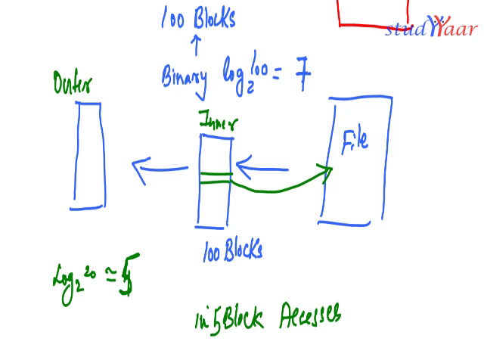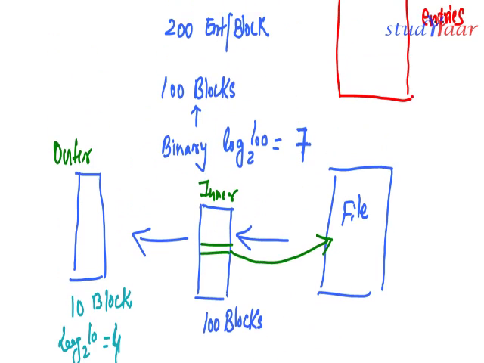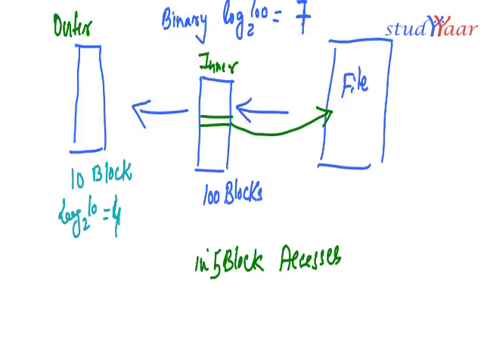We want to save more space, so every 10th block we store in the outer index. So I would have my value as log 2 of 10, which is around 4, right? And in 5 block accesses I would be able to find my particular record.